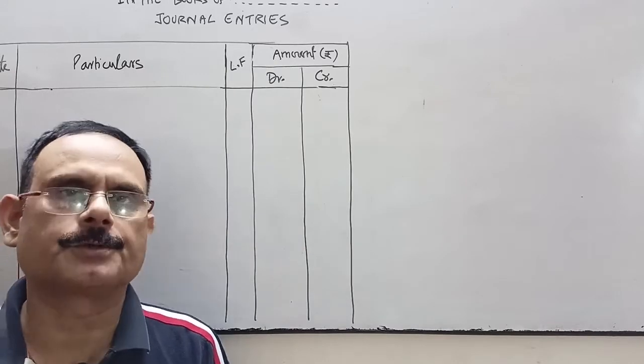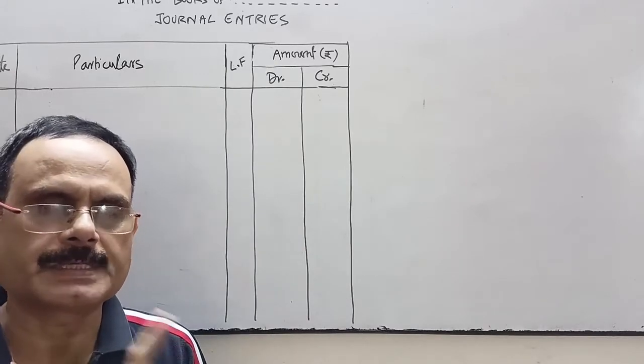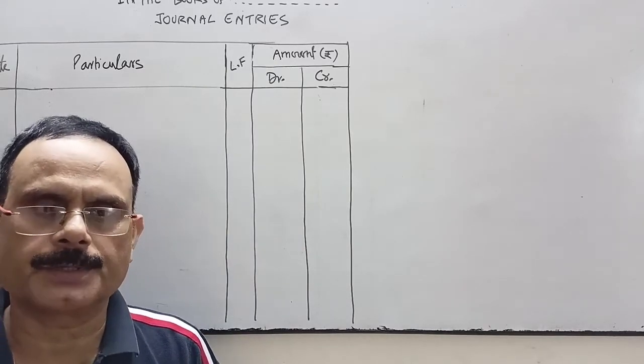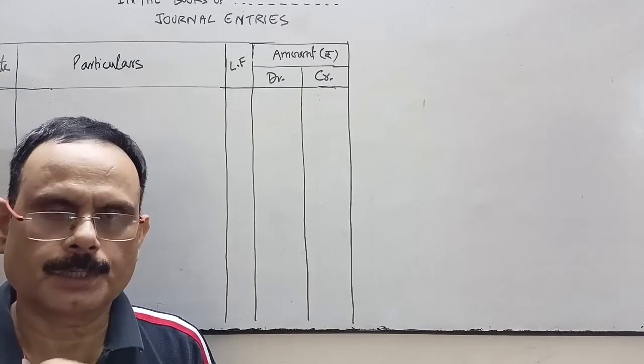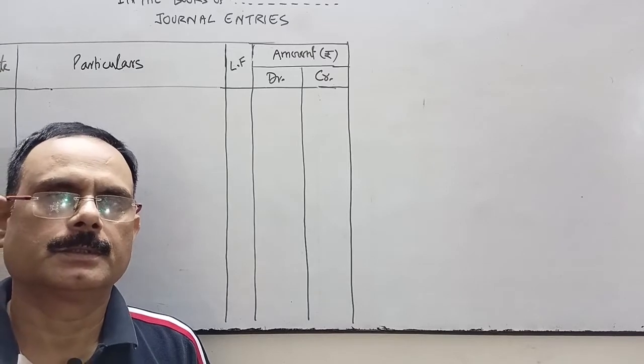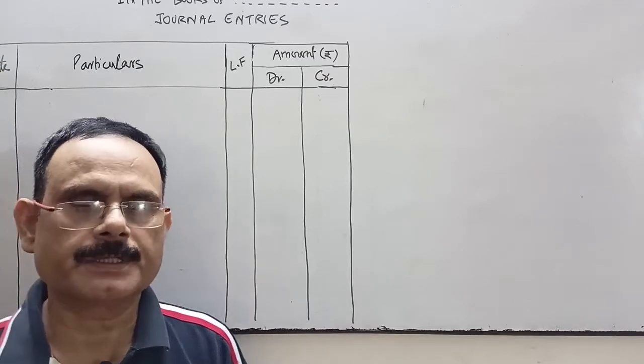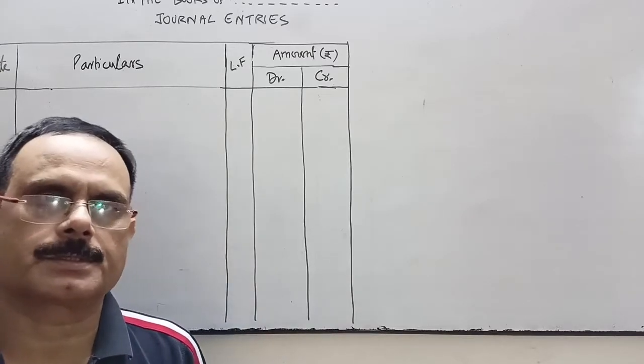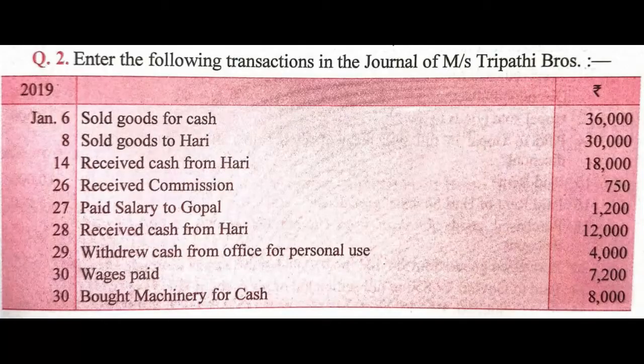So you see the next question. I'm giving you one question, note it down in your copies. Pause the video, note down the question in your copy. Thereafter you see the solutions and try to understand.